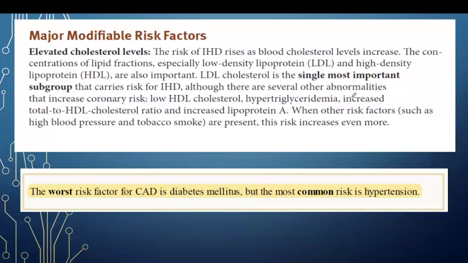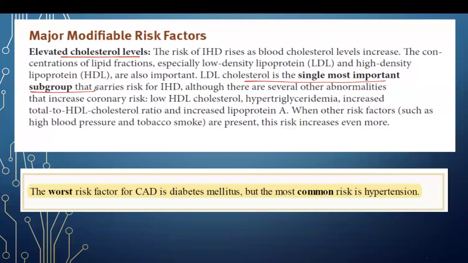Brilliant. First of all, what are the risk factors of ischemic heart disease? One of the most important risk factors is elevated cholesterol level. If they ask you what is the single most important cause of heart attack or ischemic heart disease, the single most important is high LDL cholesterol.